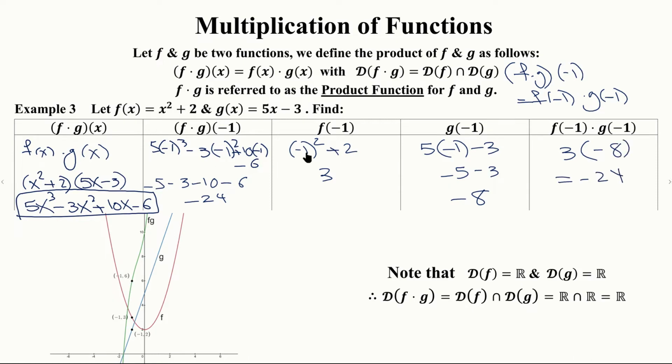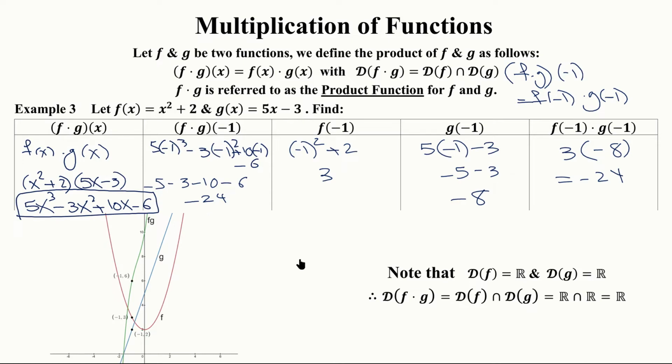So notice that if the problem is only asking you for f times g of -1, there's no need to go through all this work. You can just go directly to computing what f times g of -1 is. But of course, if the problem is asking you for the general expression for f times g of x and you find it, then it's quicker to use that to get to your -24.